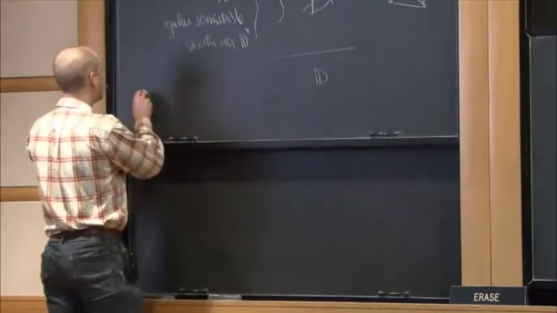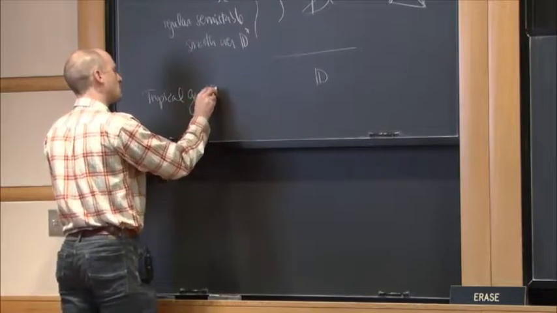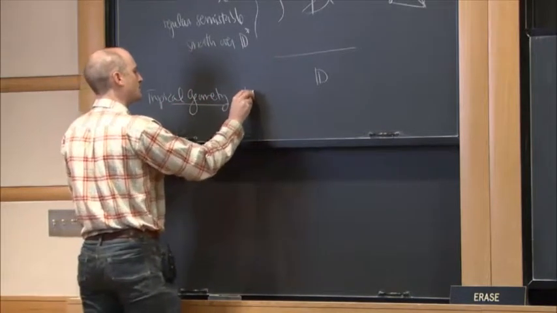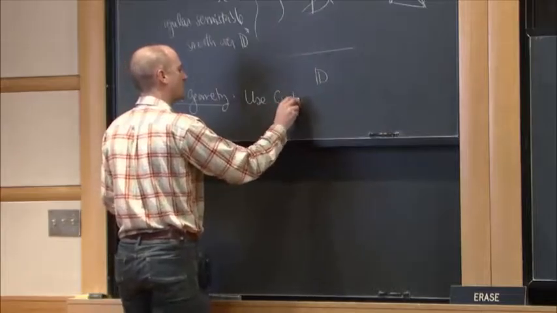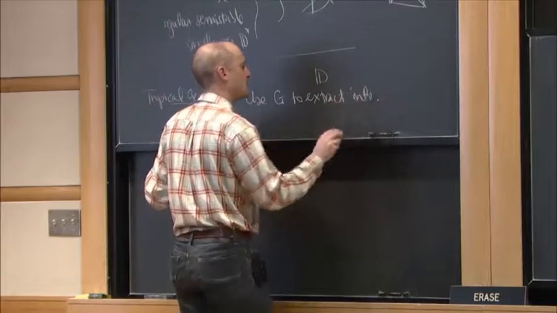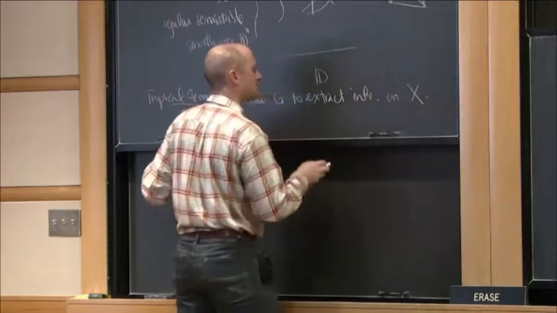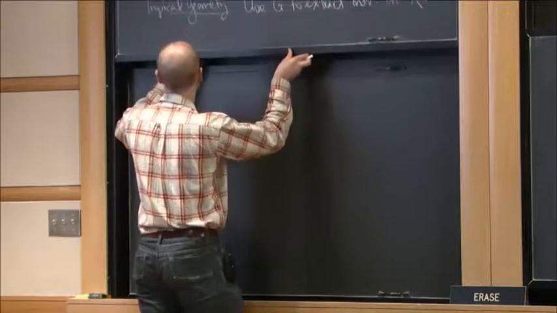The idea here from tropical geometry is to use G to extract information that we might be interested about on the smooth general fiber.